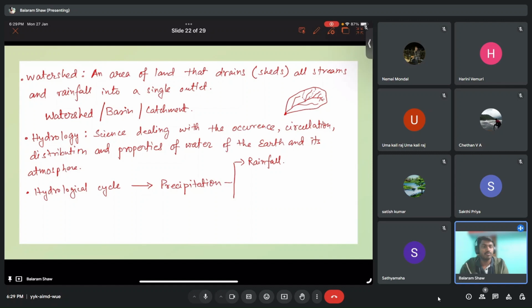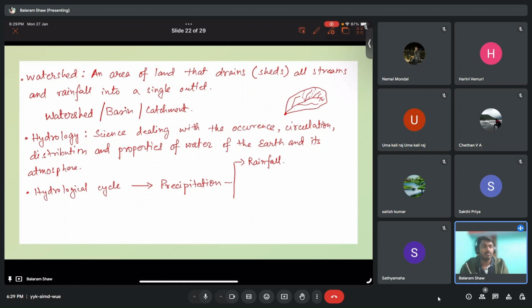There can be other classifications also, like drizzle, then dew, frost, sleet, and so on. We'll just see one by one.